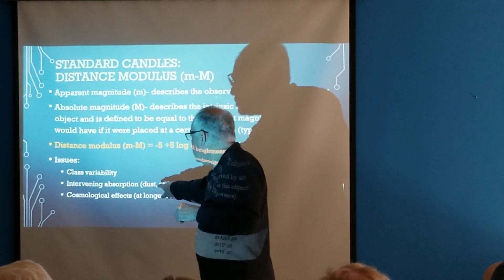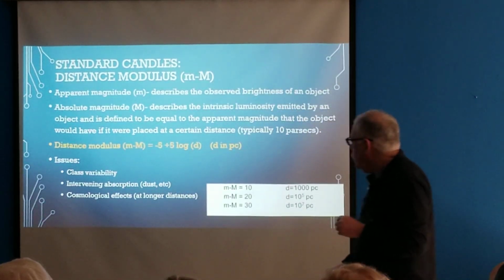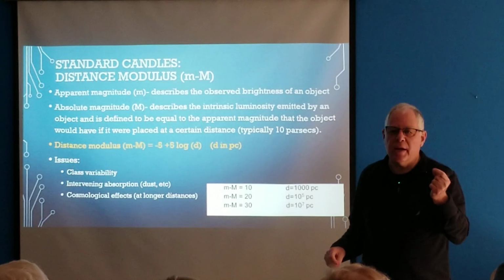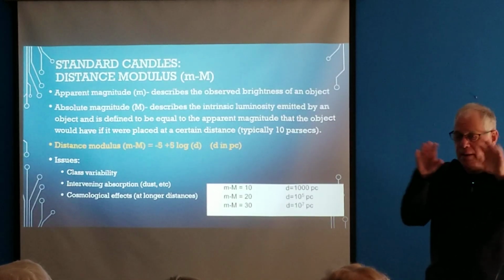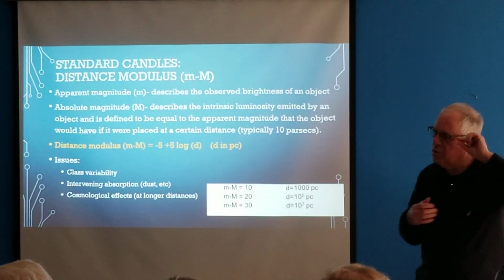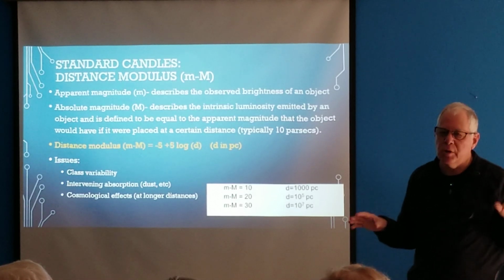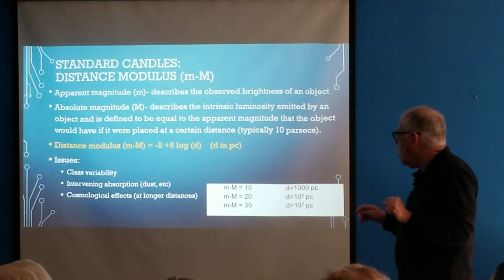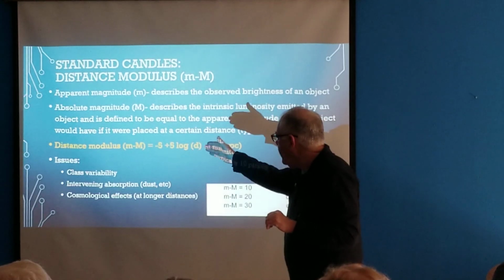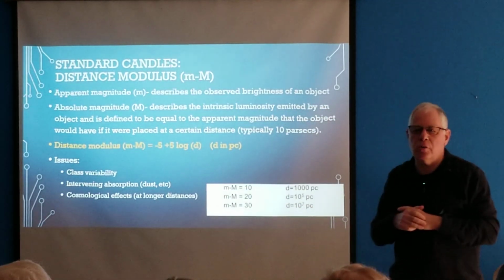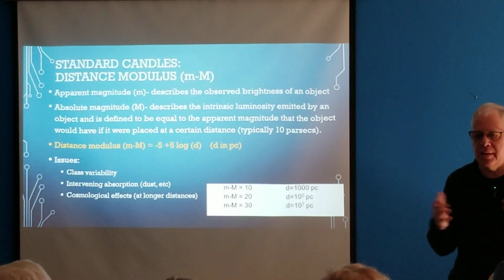There are issues. We're assuming every standard object, like every Cepheid, has 0 scatter in that curve. It's not 0, it's pretty small in the case of Cepheids. We're assuming that the brightness we're seeing is not obscured by dust in the galaxy.